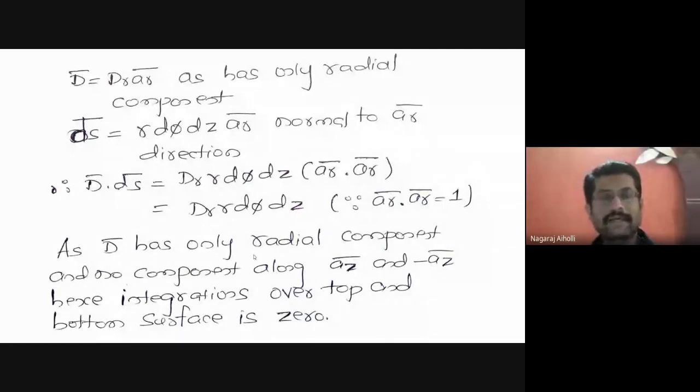Because we know that the component of D bar along the z axis and minus z axis is 0. Therefore, the integrals over the top surface and bottom surface will be 0. There is no component itself.